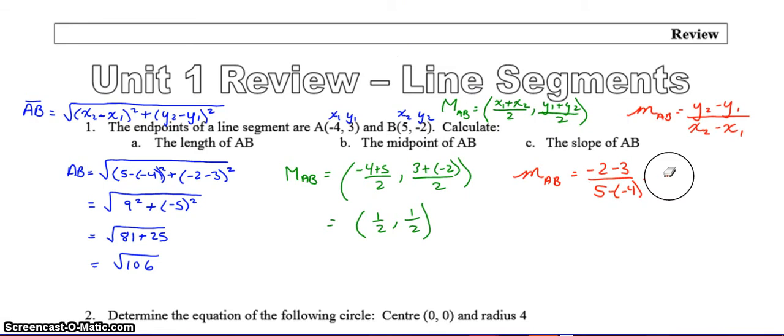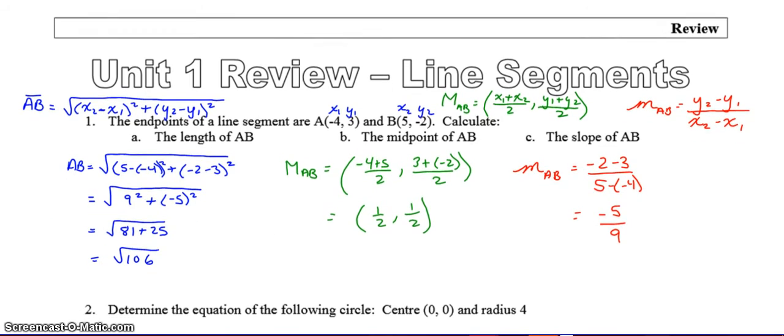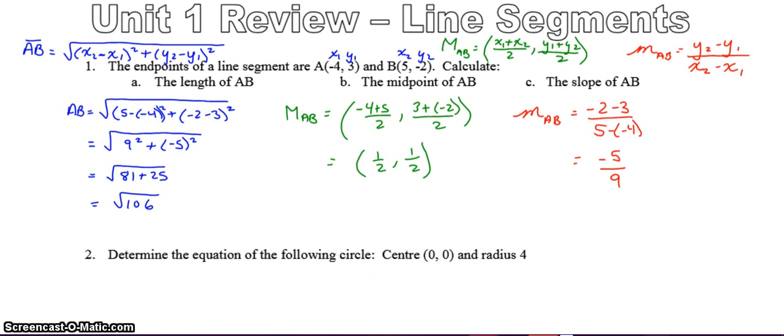And negative 2 minus 3 is negative 5. And 5 minus negative 4 is 9. You will leave your slope as a fraction in lowest terms. If there is a negative, you keep the negative up at the top. If there's two negatives, then they turn into a positive. So those are the three basic skills of finding the length, the midpoint, and the slope of a line segment.